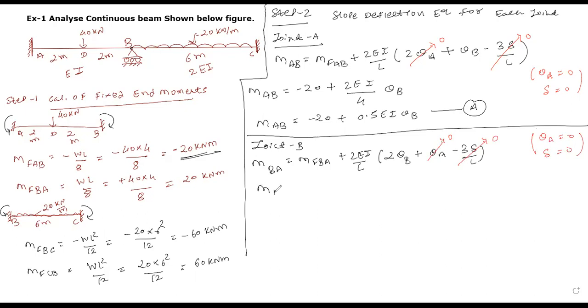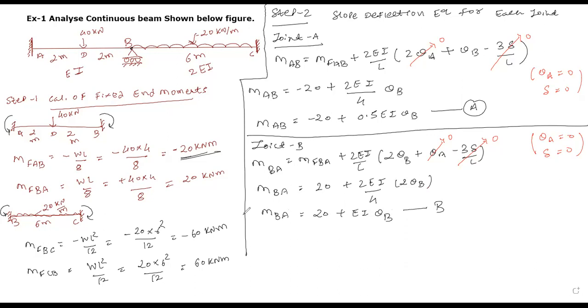So MBA should be equal to plus 20 plus 2EI divided by 4 multiplied by 2 theta B. Yes or no? So we will get 20 plus EI theta B. MBA equals 20 plus EI theta B. I hope it is clear to all of you again. This is equation number B.